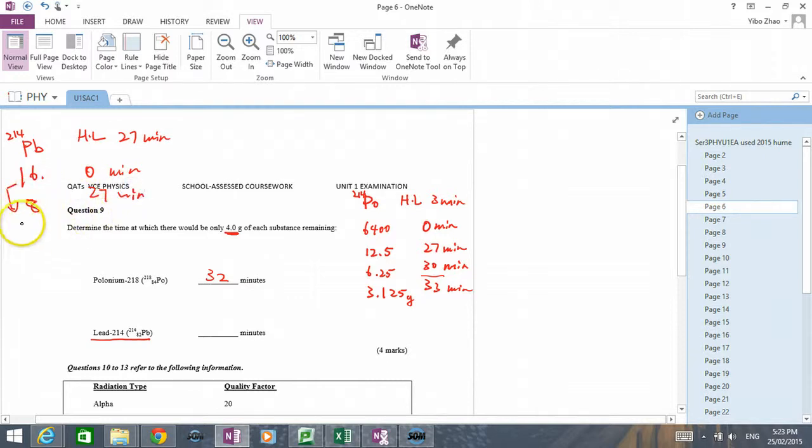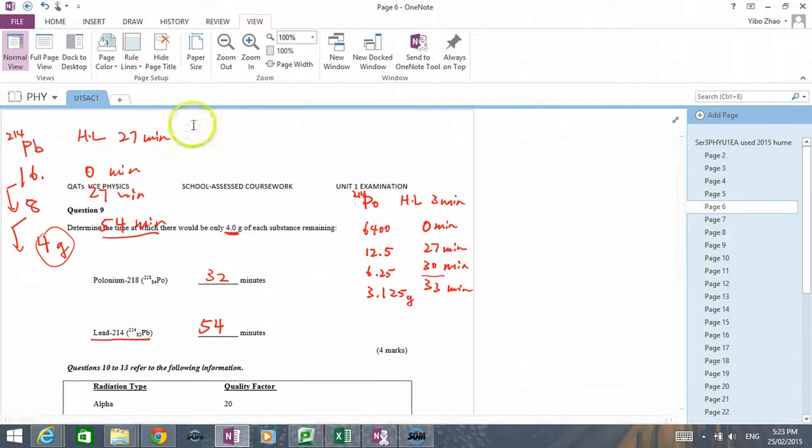After another half-life, 27 plus 27, which is 54 minutes, I have 4 grams left. So that is what we want. I need to wait 54 minutes. That's question 9.